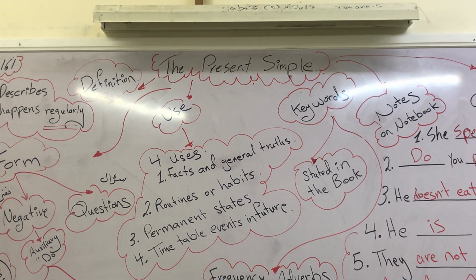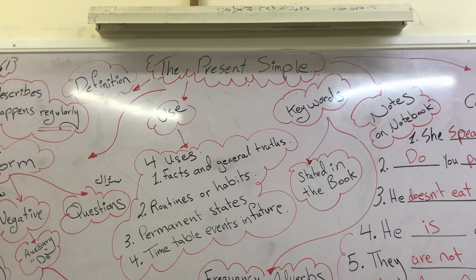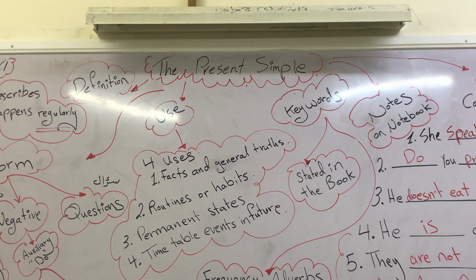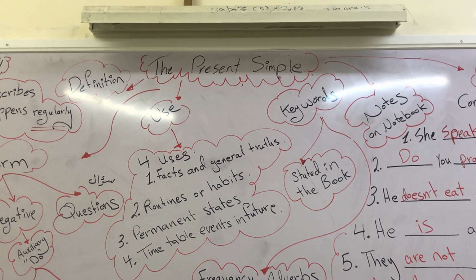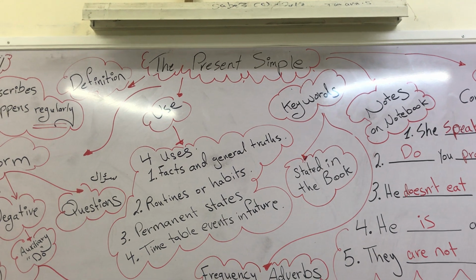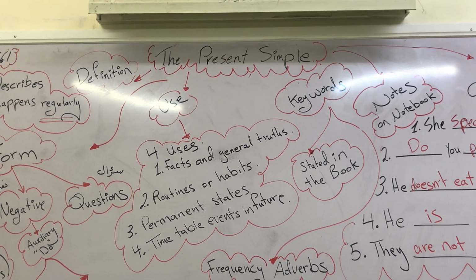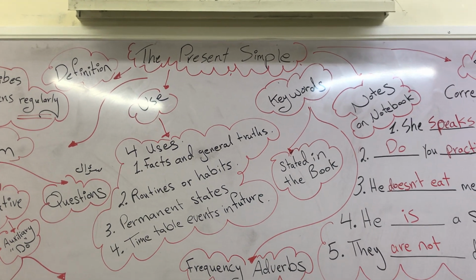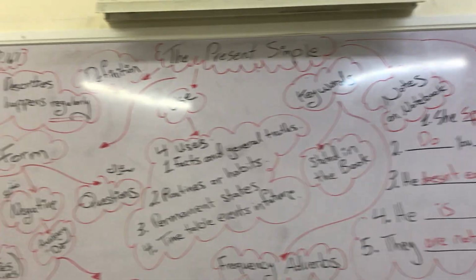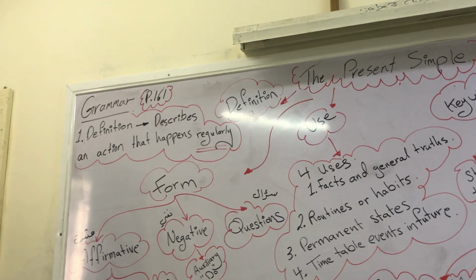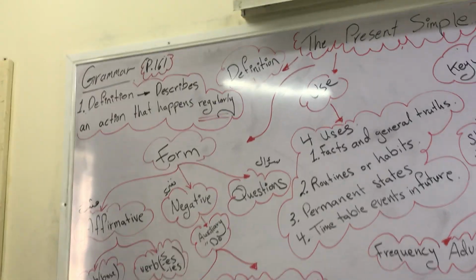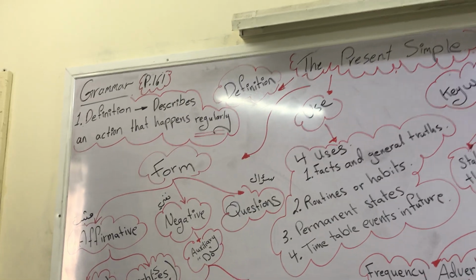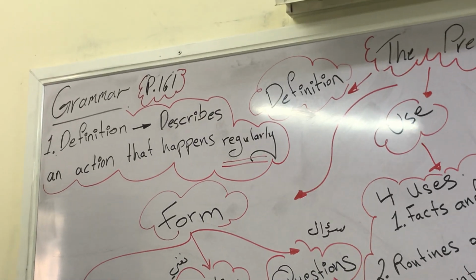Regarding the present simple tense, we will talk about a couple of issues in order to understand it more so we could be able to solve our exercises. So what we are going to talk about, let's see. The first one we have to explain is the definition of the present simple tense.